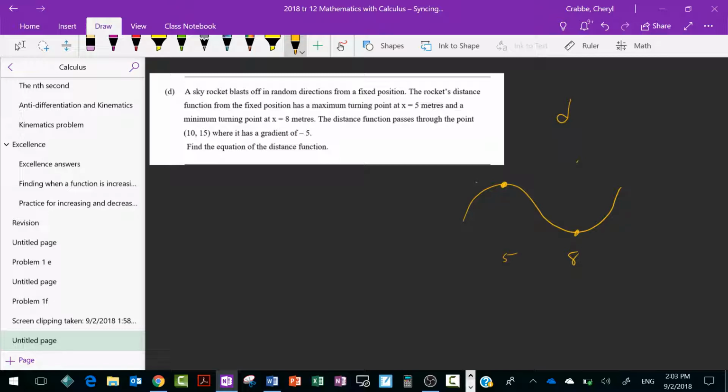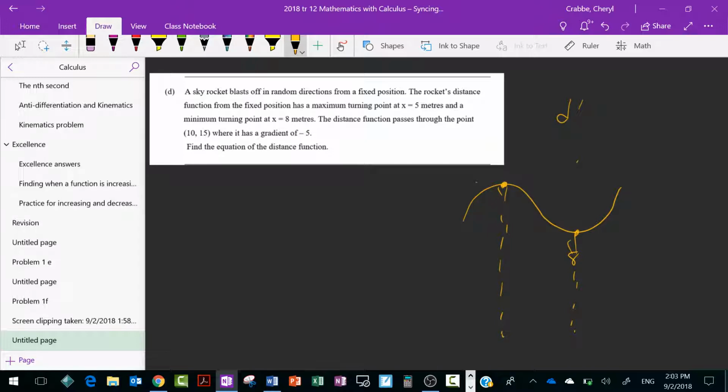And we know its turning points are going to reflect those turning points, right? So let me just draw this a little bit better, shall I? These max and min points are basically going to be the points that our parabola is going to hit on the x-axis.